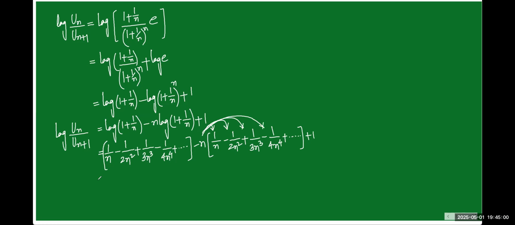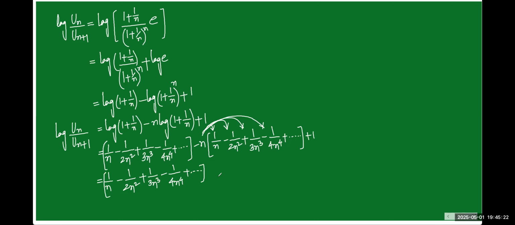What answer are we getting? Look at 1 by n minus 1 by 2n square plus 1 by 3n power 3 minus 1 by 4n power 4 plus and so on. This is one part of this expansion.